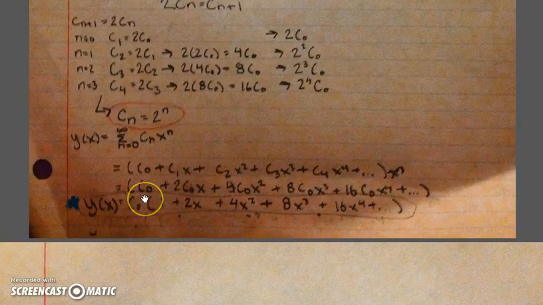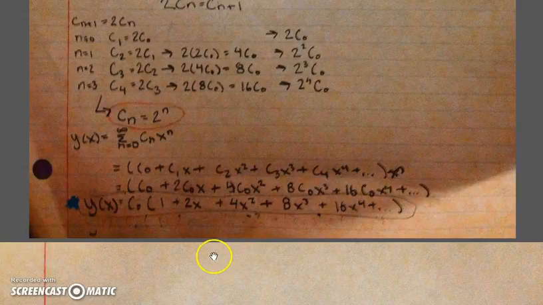And then from there you can plug in what we found up above. So you get C0 plus 2C0 x plus 4C0 x squared plus 8C0 x cubed plus 16C0 x to the fourth, and so on and so forth.